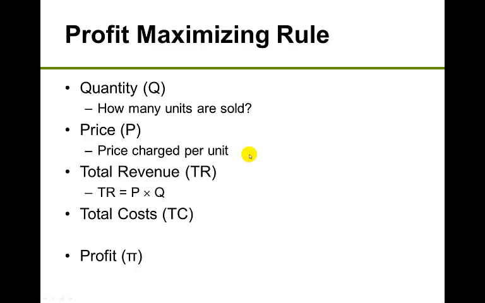If firms are going to consider revenue, revenue is price times quantity. So things that would change revenue are how many units are sold, what price is charged per unit.